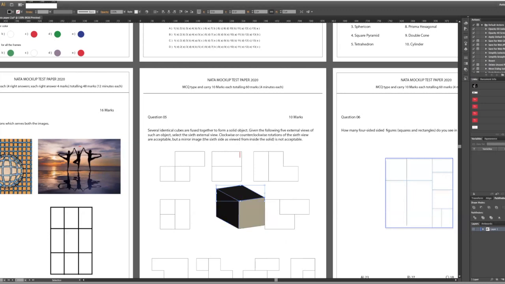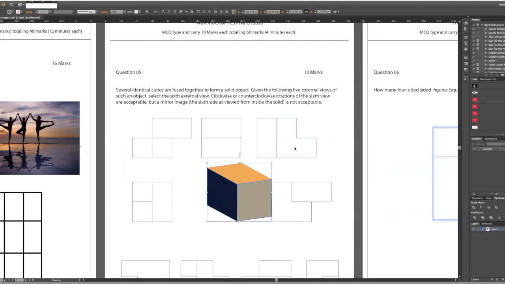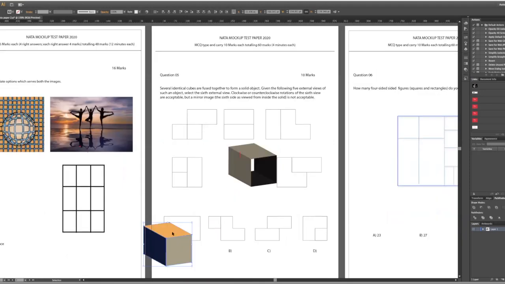I'll color this for you guys so that it will be easy to understand. Yellow and something. Okay, now this is my cube.